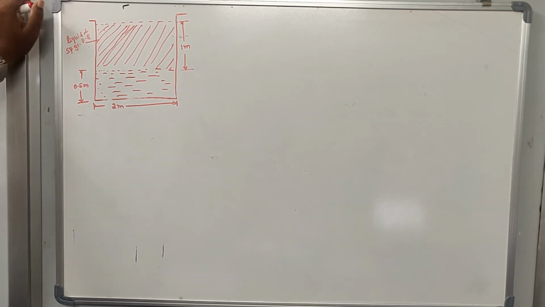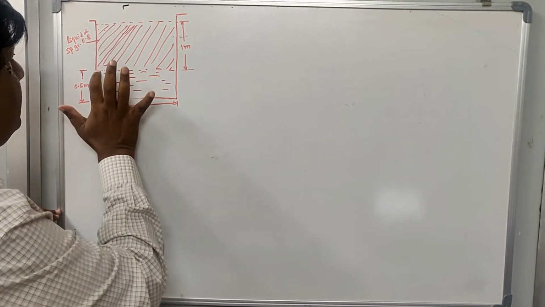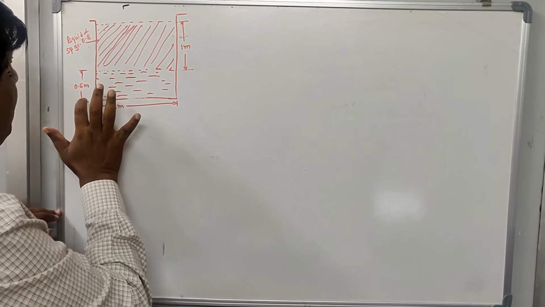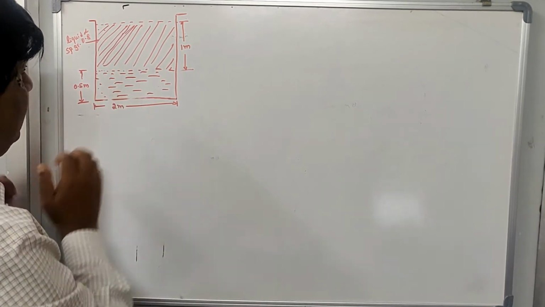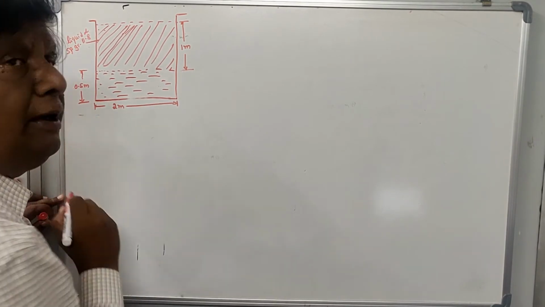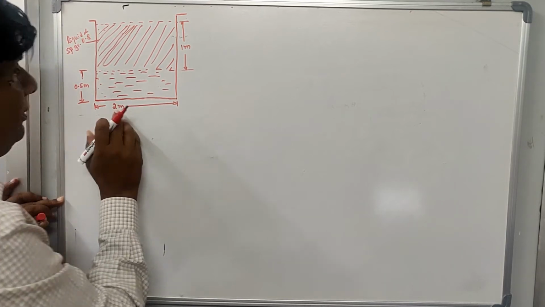Let us take a practical problem also. Suppose I have a water tank or a container. Let us assume that the container is filled with water of height 0.5 meter from the base. This is the base of the tank, and the width of this tank is 2 meter.